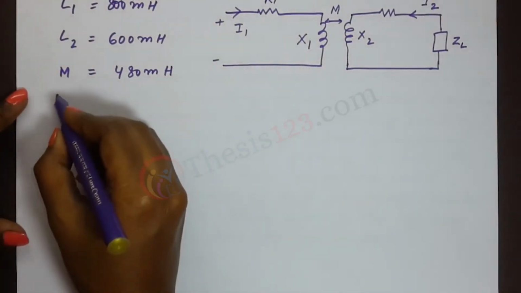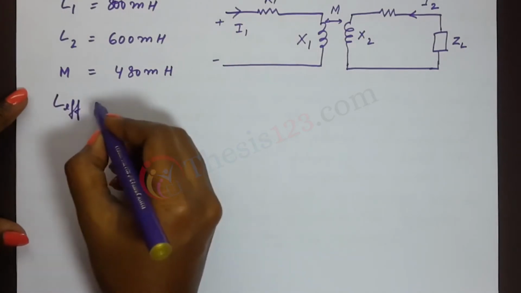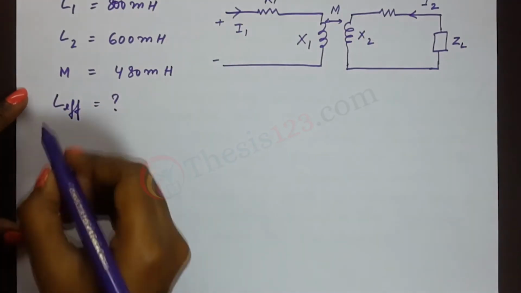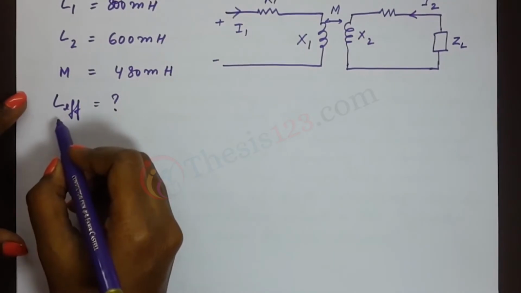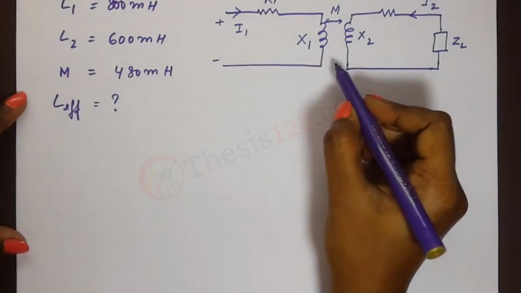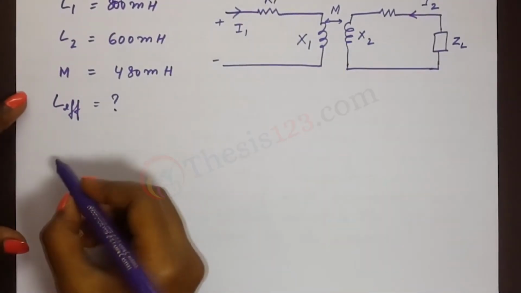Now we need to find out what the effective inductance is. In order to find the effective inductance, we have to work it out in terms of the reactance of the primary and secondary side.